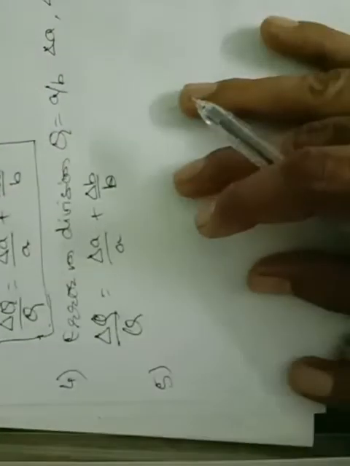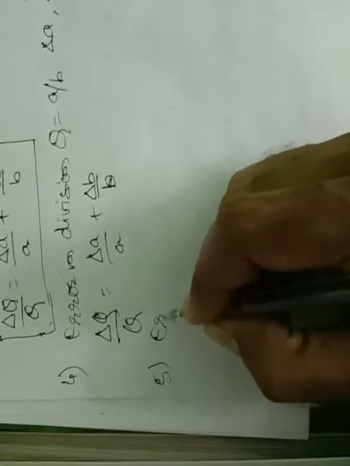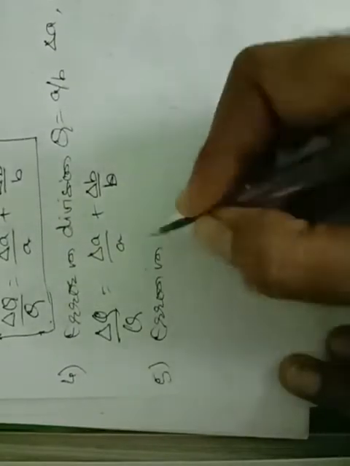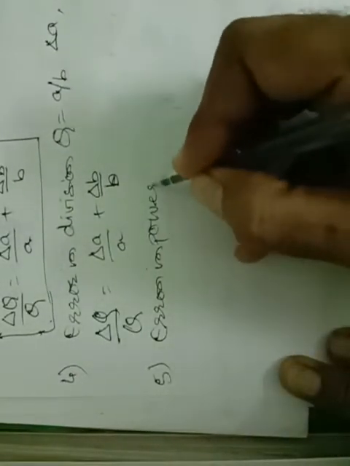Fifth condition is what? Error in power of quantities.